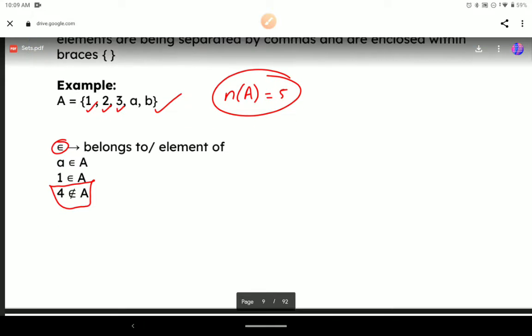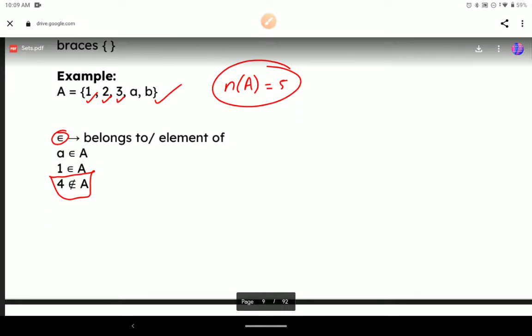See, 1 belongs to A, but is there any element called 4 in this set? No, so 4 does not belong to A. By the way, this symbol means belongs to, or element of. And here n(A) means the cardinality of a set. n(A) means the number of elements present in a set. So here five elements are present in this set.